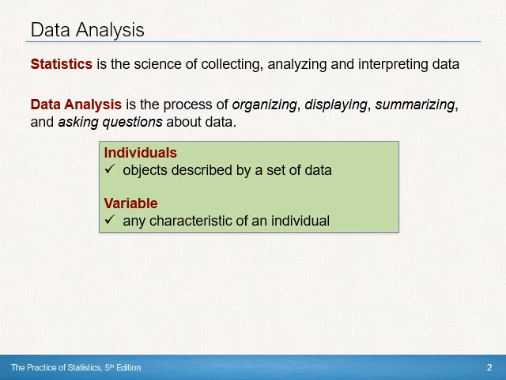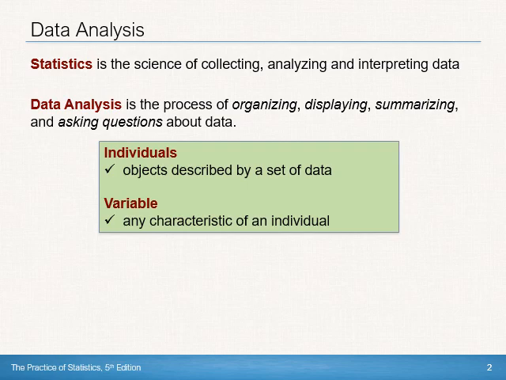The variable is some sort of characteristic that we're interested in, in the particular individuals. It could be what is the individual's height, what is their eye color, how much does each mouse in the population weigh, that kind of thing. All right, so these are all variables that we're going to be interested in. Weight, eye color, height, that kind of thing.